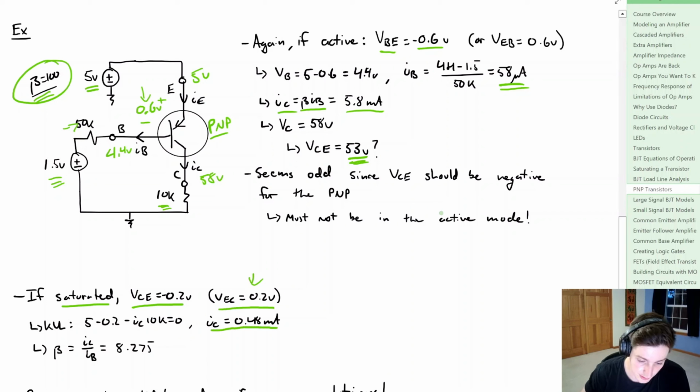Our base current still would be the same at this 58 microamps. What we can say is that we have beta, which would be a saturation version of beta, which is equal to IC divided by IB. So we would have 480 microamps divided by 58 microamps. So our saturation beta would be 8.275.